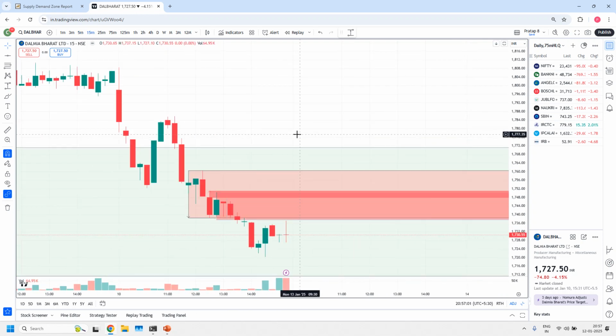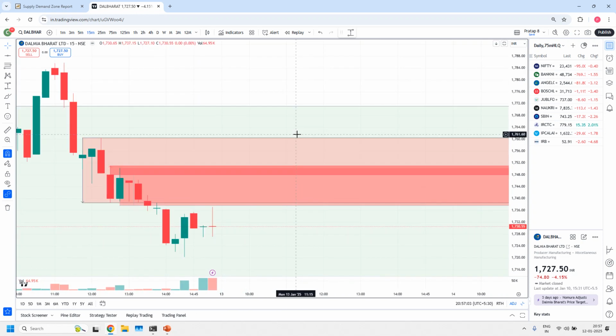Look into the 15-minute zone. We have a rally candle, picked up the orders from this 5 minutes horizon, and then prices came down. Let's see, if you want to plan any trade, in this area only you can plan.